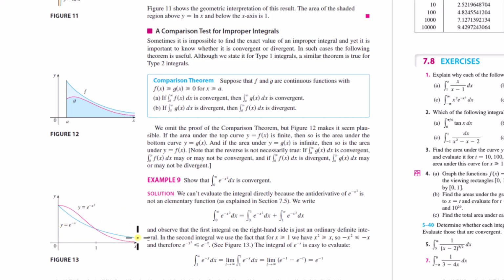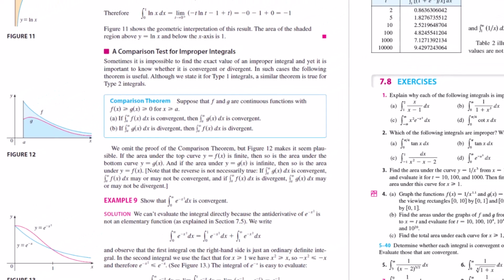If you're going from 0 to a billion, there's an area under the curve. It's convergent. It's all about the infinity portion. So you can start at any number, and it doesn't matter where you start. If you can prove that going from that number off to infinity the integral is convergent, then the entire integral is going to be convergent. It's all about the infinity portion.